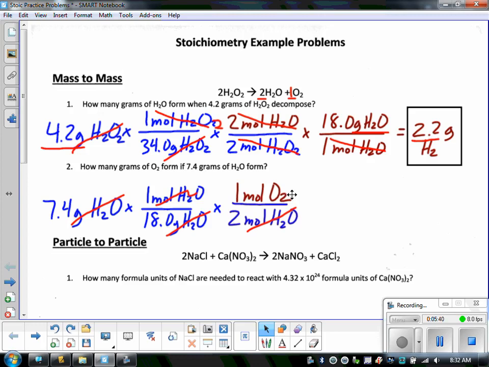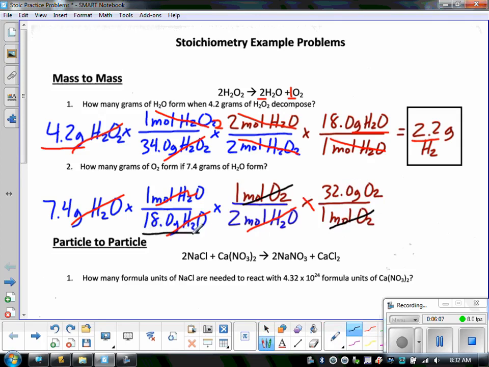Now that you know the number of moles of O2, we're going to keep going, and multiply, to figure out how many grams of O2 are produced. Again, the moles of O2 are canceling out. That's how I'm deciding what side of the fraction it goes on. Over here, the molar mass was on the bottom because the grams had to cancel out.